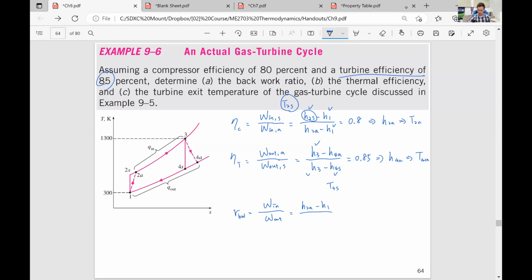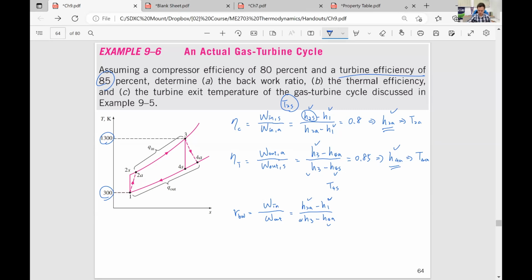The turbine work out is H3 minus H4A. Okay. So you have all this. You know this, and H1, H3, because T1 and T3 are given. So you can use the table to get H1 and H3.